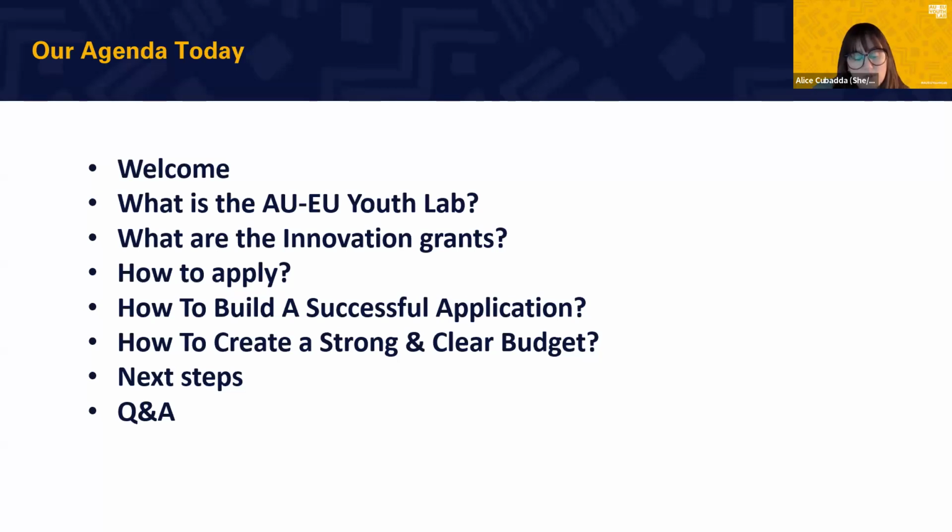I'm going to walk you through the ON Grip platform, which is the platform where you can submit your application. We're going to see how to build a successful application. Then we're going to dive into the budgets to see how we can make that budget clear and strong for your application. And we're going to walk you through the next step. And at the end, there will be some time for Q&As.